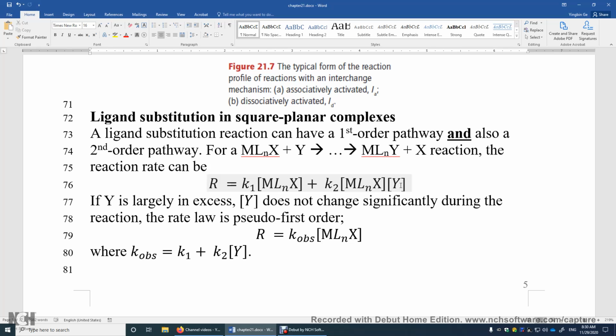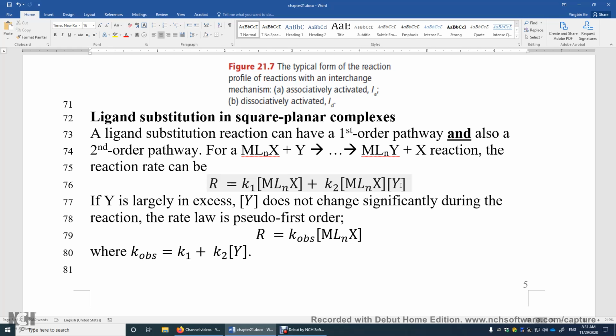And also, if this reaction is done in water, water is the solvent. And water also reacts with the transition metal complex. How does the reaction change the concentration of water? There's no change. The water concentration remains unchanged as the reaction proceeds. Okay, approximately, right?